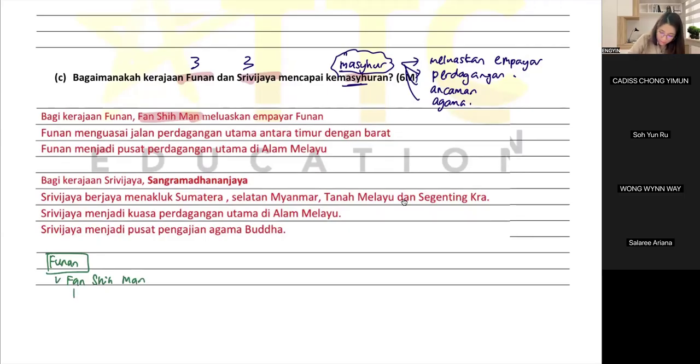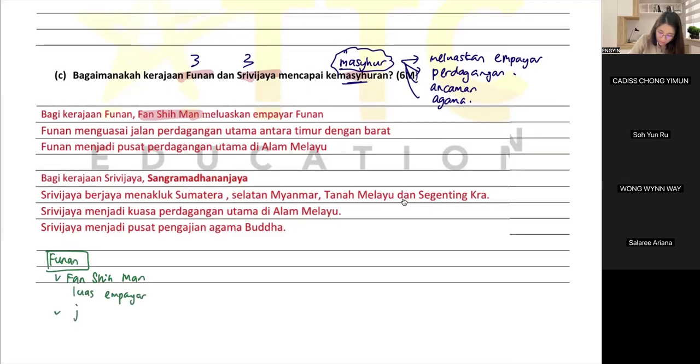Meluaskan empire. And number two, Funan, because they took over a lot of area, so they controlled the Jalan Perdagangan Utama and became the center. Pusat Perdagangan Utama.